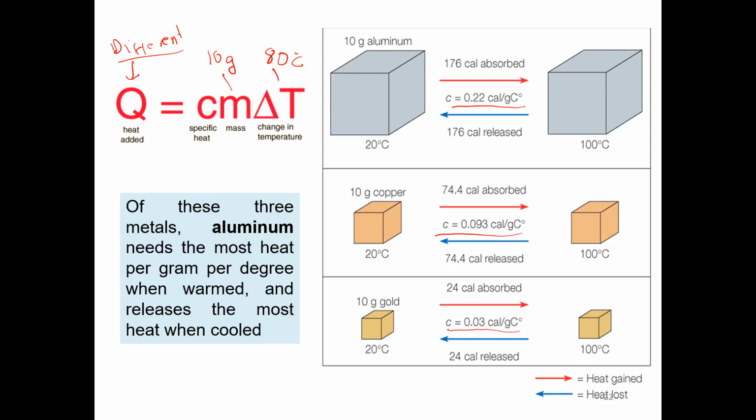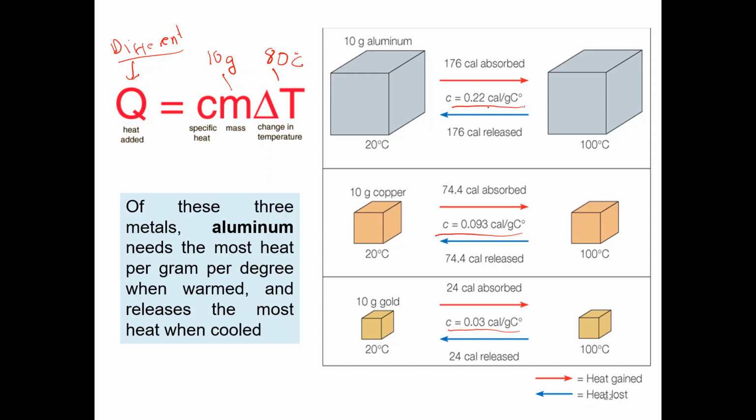The reason we need just 24 in case of the gold is because we need just 0.03 calories to increase 1 gram by 1 degree Celsius. We need less heat. But in case of aluminum, we need more heat: 0.22 calories to increase 1 gram of aluminum by 1 degree Celsius.